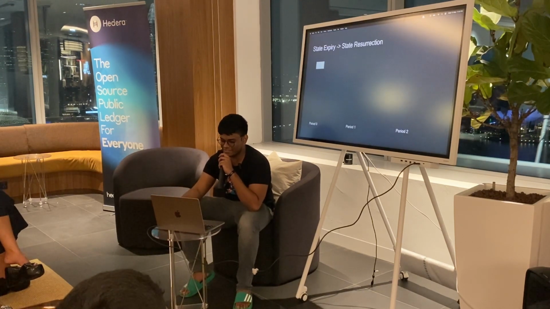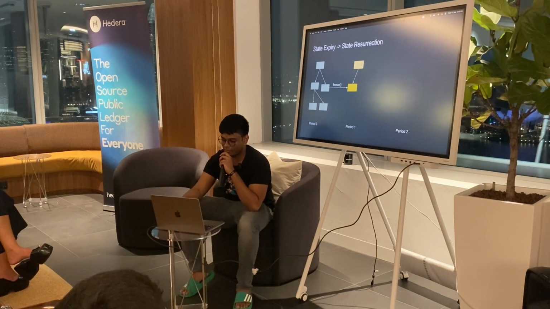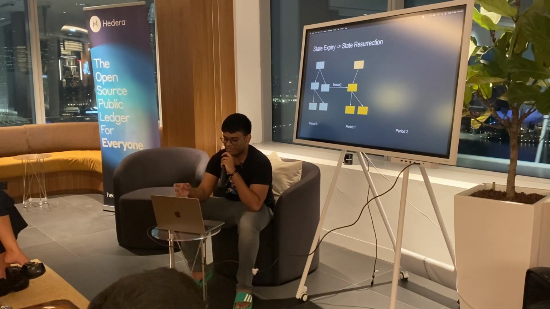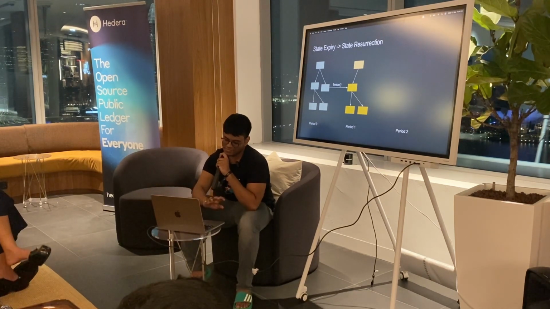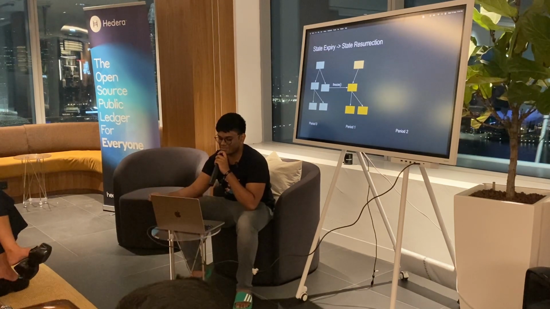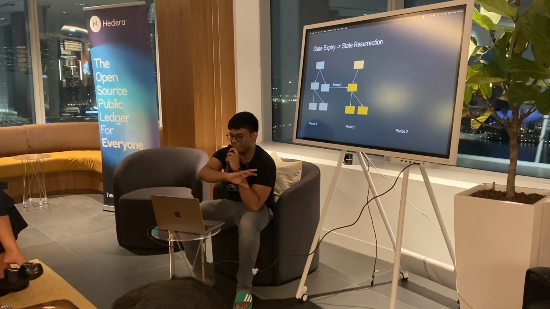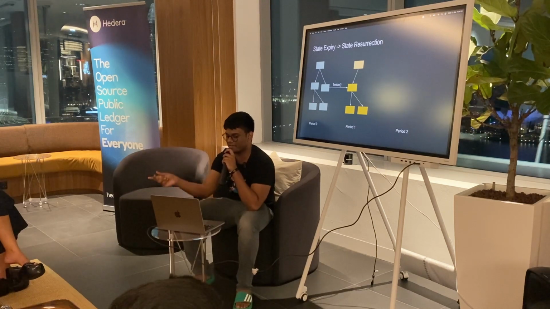Suppose you have period 0, you have a tree like this. Once period 0 is over, you freeze this, and then you have a period 1 tree. Now we need to ensure that nothing of period 0 is resurrected into period 1.